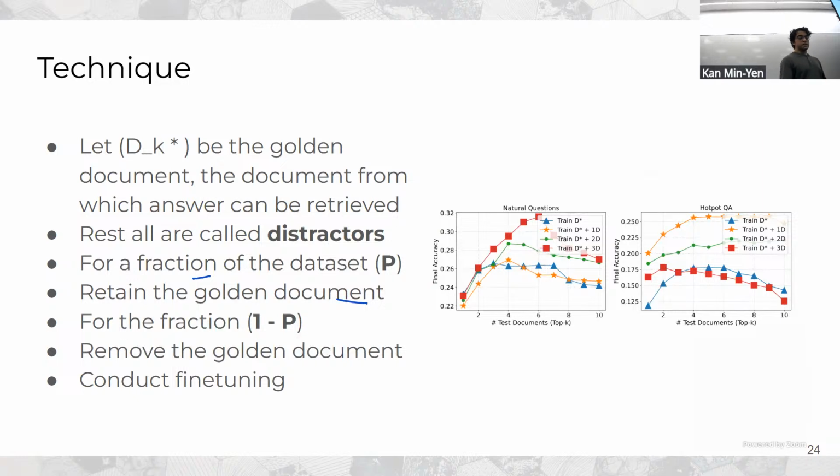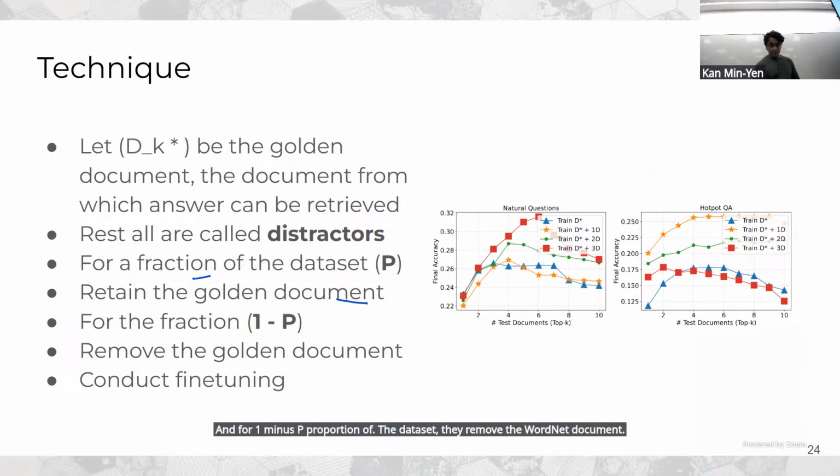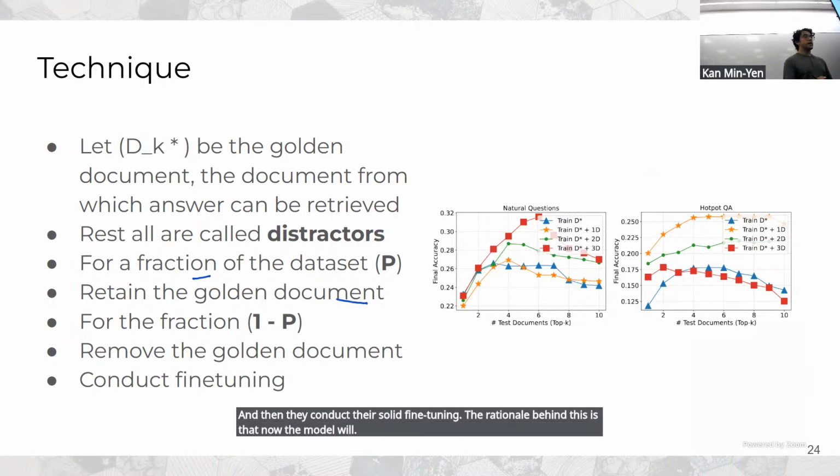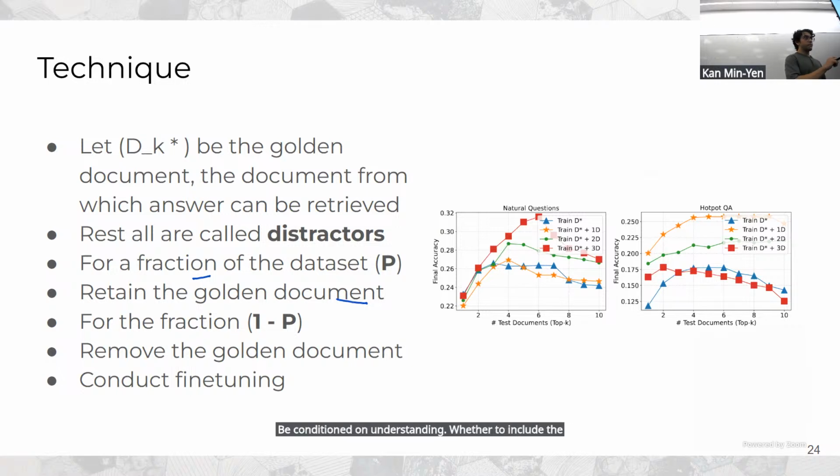What this paper specifically does is take a fraction p, and for this p proportion of training examples, they retain the golden document in the query, and for 1 minus p proportion of the data set, they remove the golden document, and then they conduct their fine tuning. The rationale is that the model will be conditioned on understanding whether to include data from the document or not, and will be able to judge whether the document is relevant or not.